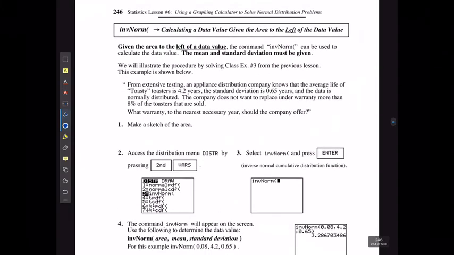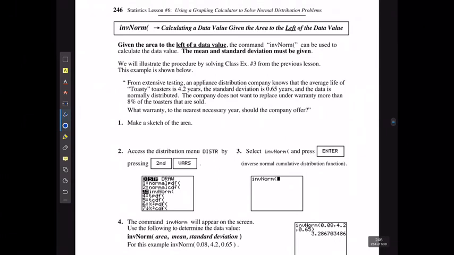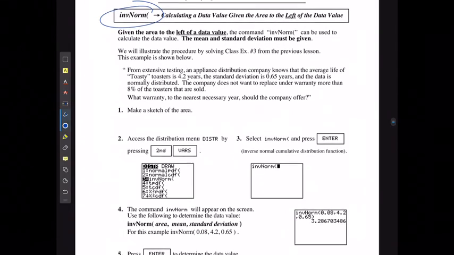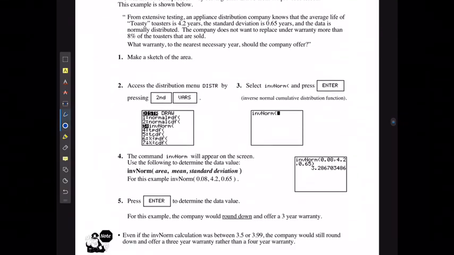If I'm working in the other direction, so I'm not solving the area, I'm solving a set of values, or I'm solving for a Z-score, then what I'm going to do is do the inverse norm. So it's always going to be working in the opposite direction. So if I'm doing the inverse norm of whatever it happens to be, then I'm going to be putting in the data sets.